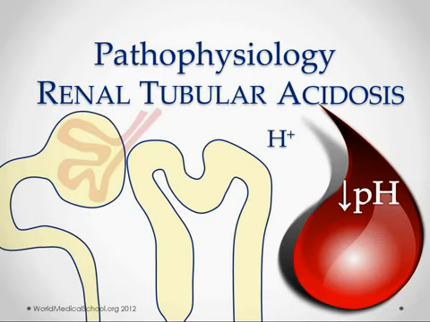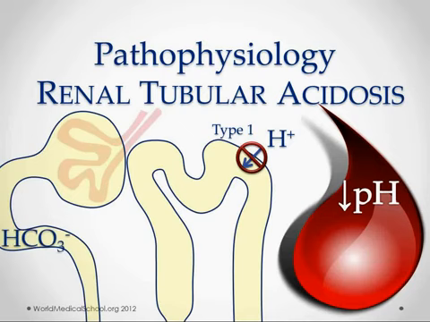So if we're having a hard time getting hydrogen ions into the urine, then that's going to cause our pH to go up because we're not getting rid of as many hydrogen ions. And that's what we call type 1 renal tubular acidosis. We also call that distal renal tubular acidosis because it happens in the distal tubules.